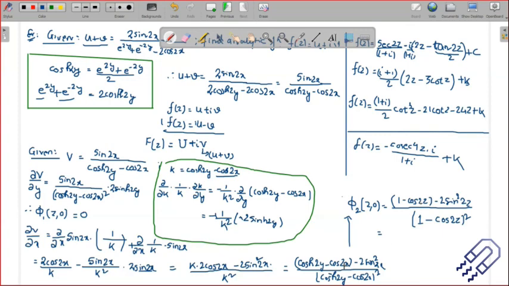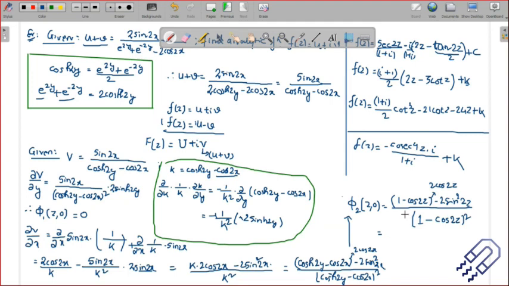and did I miss out anything? Okay, sorry, this term was there, right? 2 cos 2x, sorry, missed out there. This is here, 2 cos 2x. I have already written k. 2 cos 2x is here, so that means there will be a term here, 2 cos 2z, right? It will be 2 cos 2z.